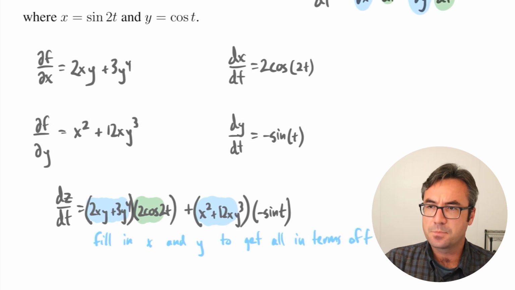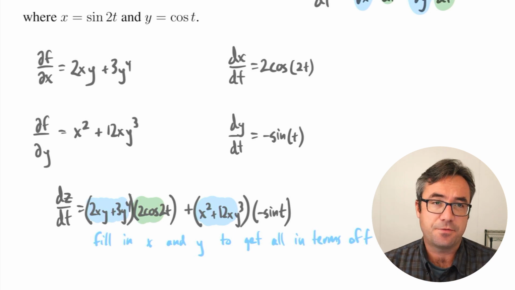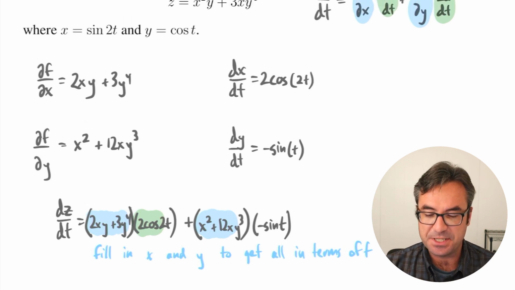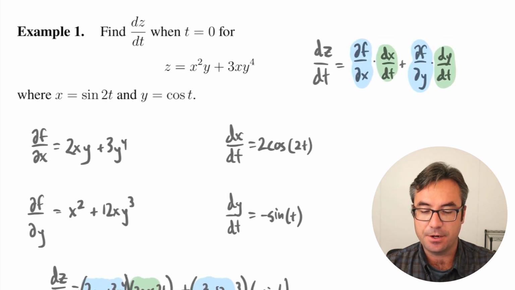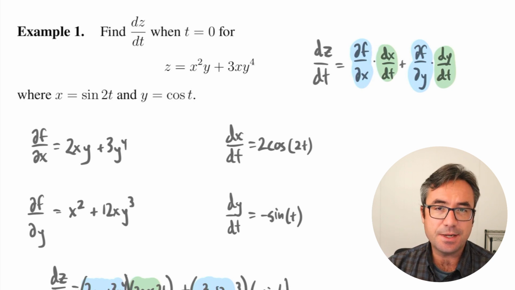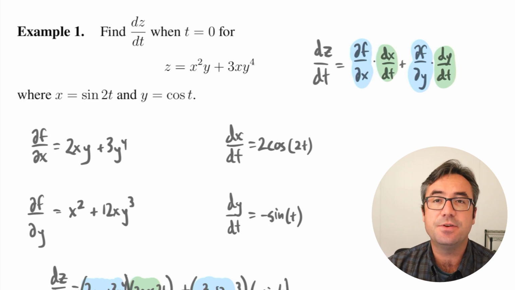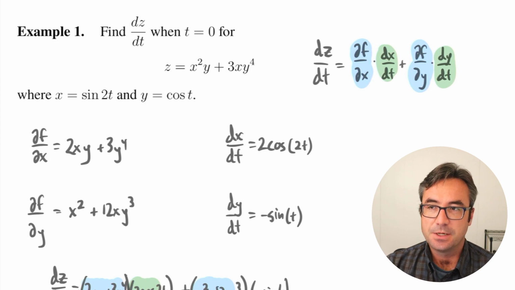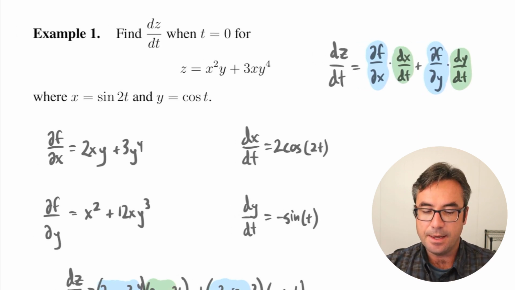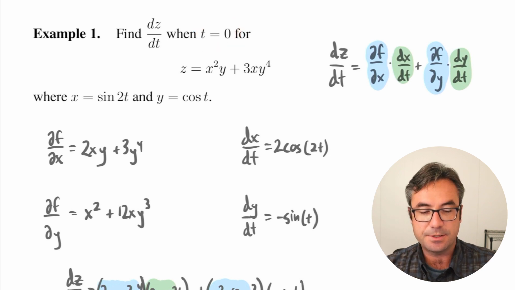All right. But we don't need the derivative exactly. We need it at one specific time value here, time 0. So what we can do is just plug into the individual pieces. So let's back up. We know we're trying to find our derivative where time is 0.